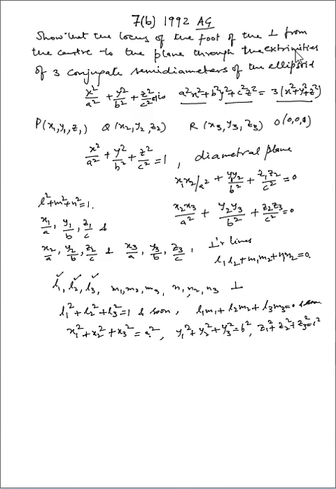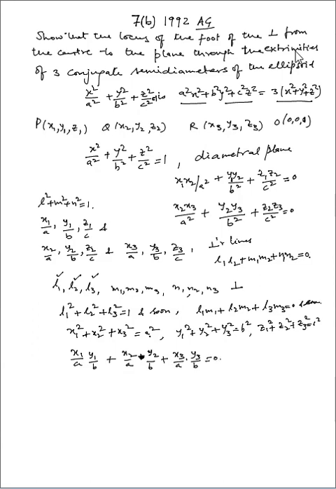So we also have x1 upon a times y1 upon b plus x2 upon a times y2 upon b plus x3 upon a times y3 upon b is equal to 0.